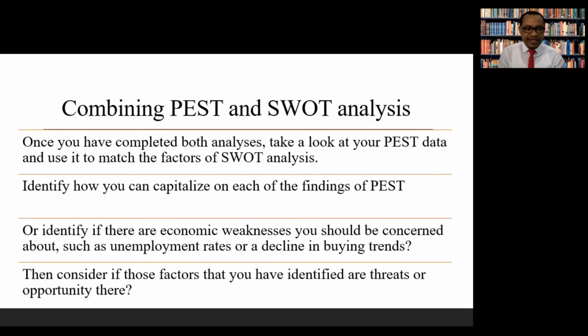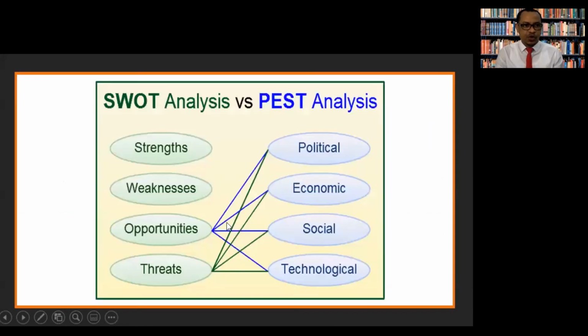Then the technology, the way the technology is going within your business environment or within your business space, are they going to be opportunity for me or threat? By the time you are able to answer these questions, then you are ready to now develop effective strategy that will enable your business to succeed.